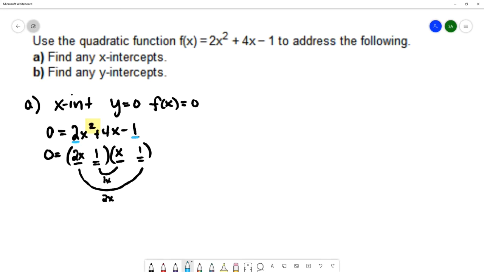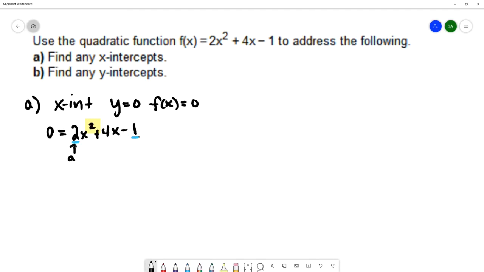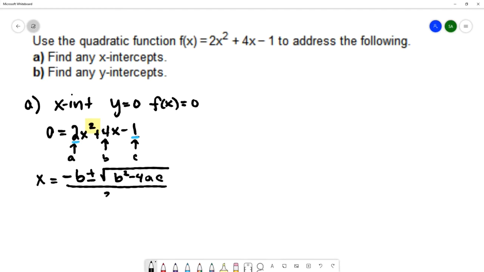So I'm going to use the quadratic formula to find the x-intercepts. So the quadratic formula uses the coefficient of the squared term a, the coefficient of the linear term b, and the constant c in this formula here. x equals negative b plus or minus the square root of b squared minus 4 times a times c, all over 2a.